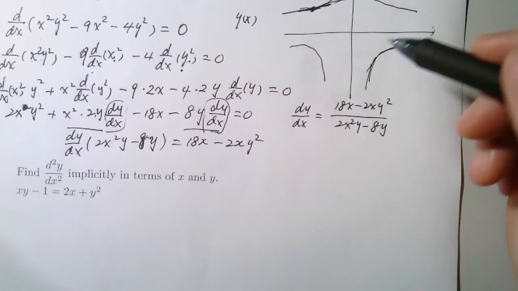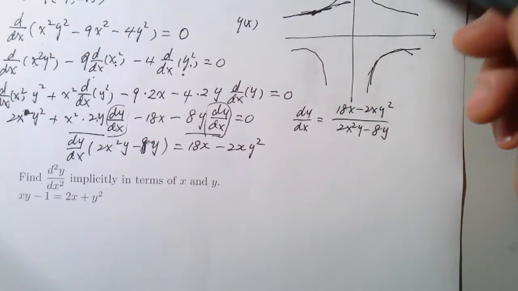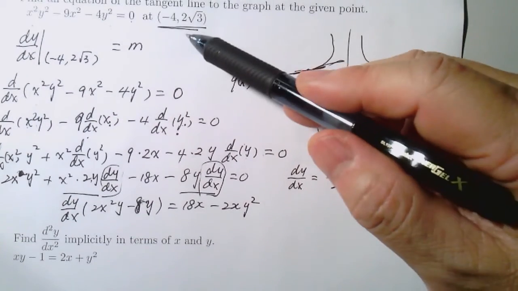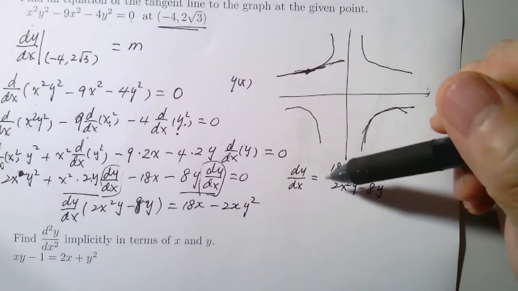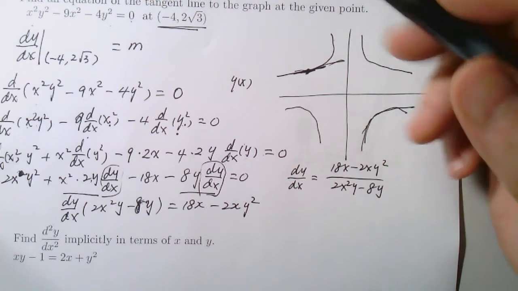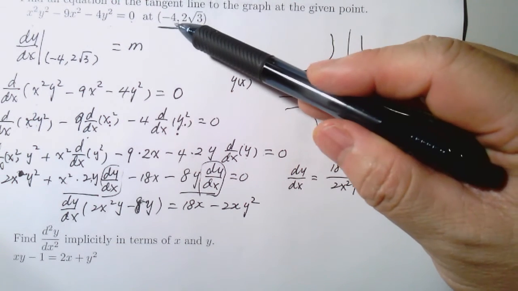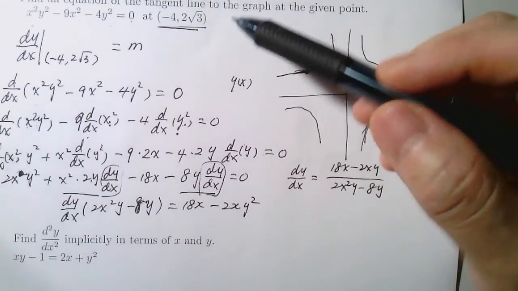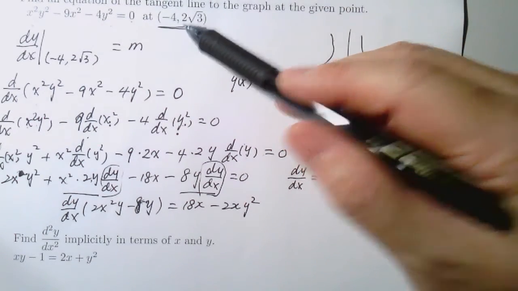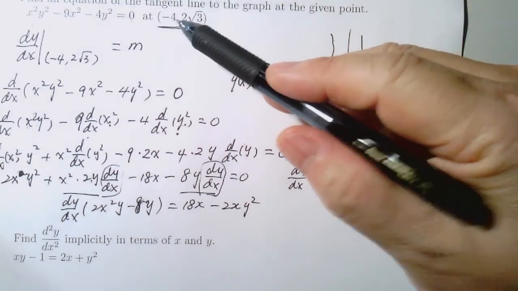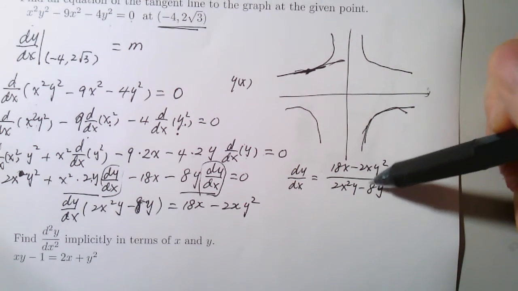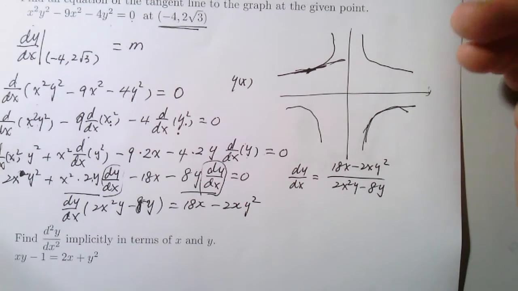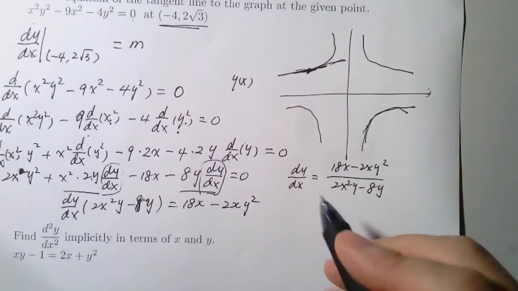And remember, what we are trying to do is find the tangent line at this point. This is the derivative of the function, but in order to find the slope, we have to find the derivative at that specific point. It means I need to substitute x equals negative 4, y equals 2 square root of 3 into the function and simplify to get the slope.